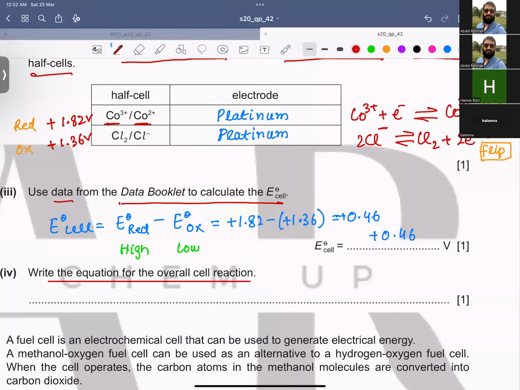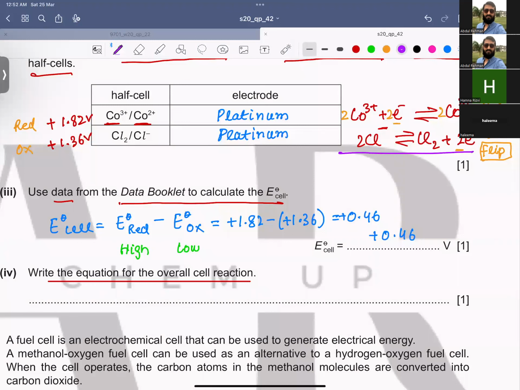Now you have to balance the electrons in both the equations. In the second equation we have 2 electrons, in the first equation we have only 1 electron. So if I multiply the first equation by 2, my electrons in both the equations are balanced. ये clear है part सबको?